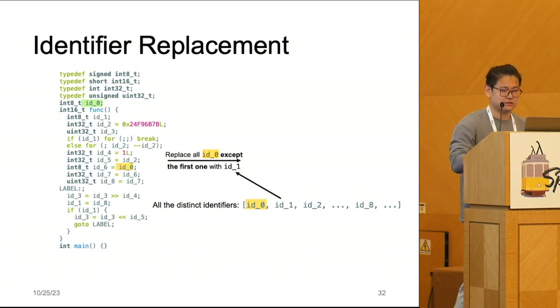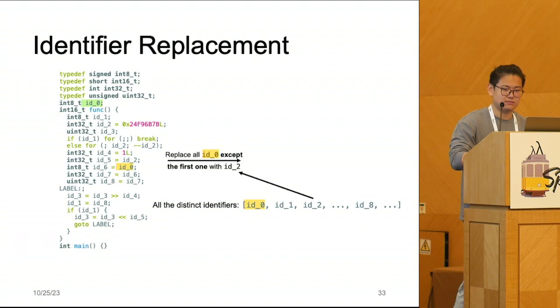Here the reason to keep the first one is that the first identifier usually appears in a definition or initialization. If all the following usages of this identifier are successfully replaced, then this definition or initialization will become redundant and thus can probably be removed.